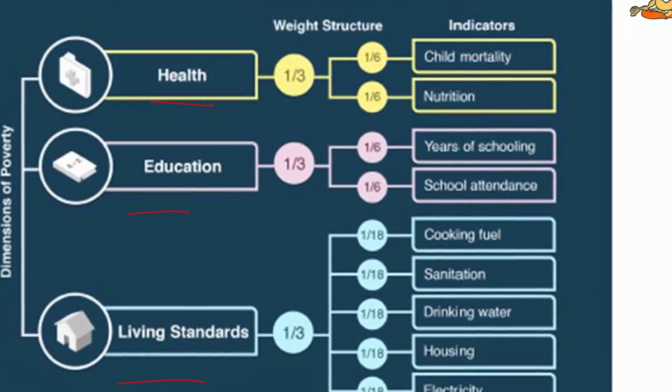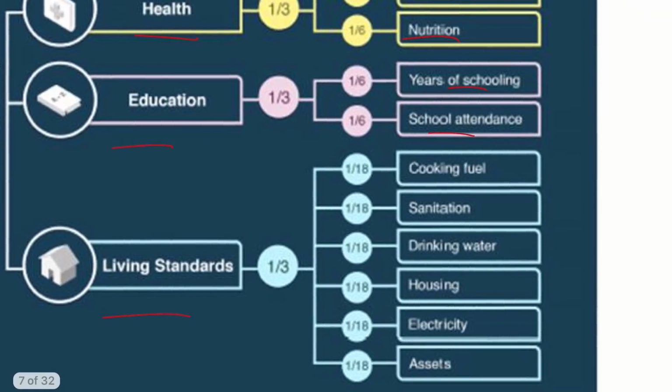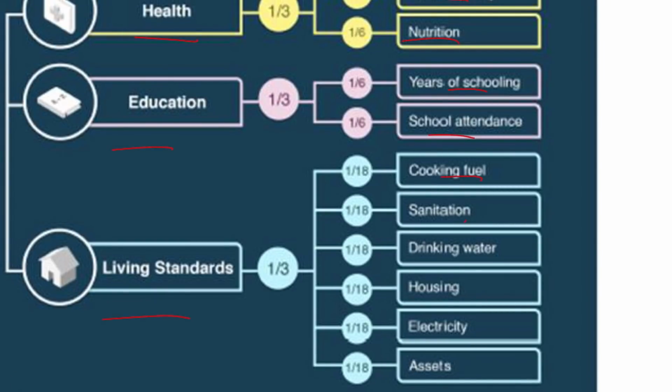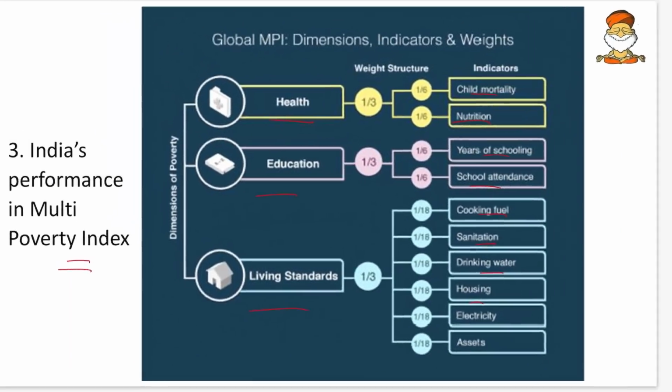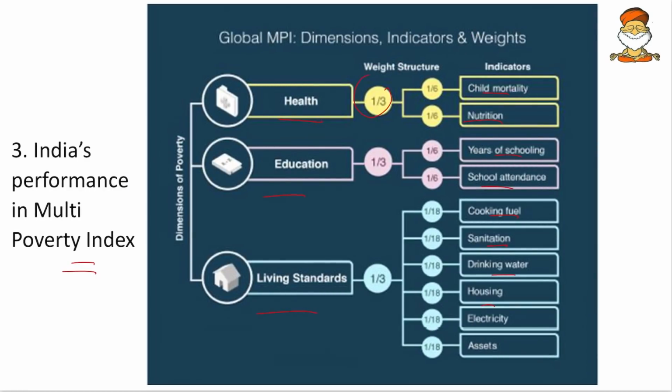In health, we have child mortality and nutrition; in education, years of schooling and school attendance; and then living standards like cooking fuel, sanitation, drinking water, housing, electricity and others are taken into consideration. Just go through the weightage given here: one third for each of health, education and living standards, and one sixth and one eighteenth for each of these attributes.